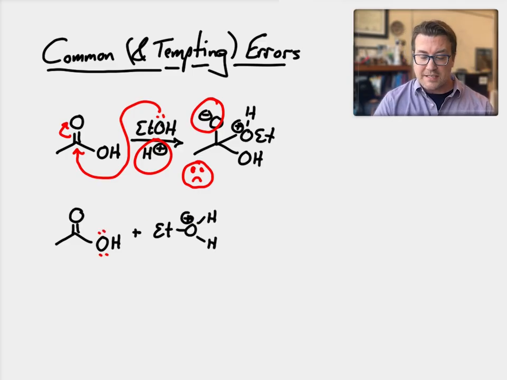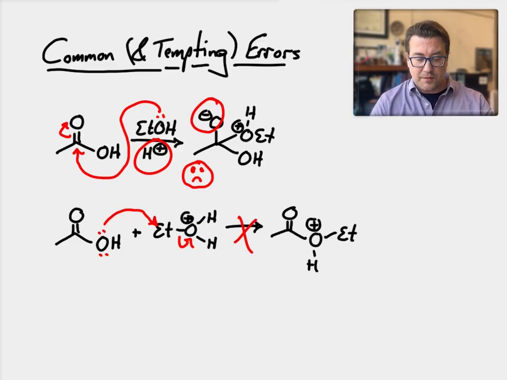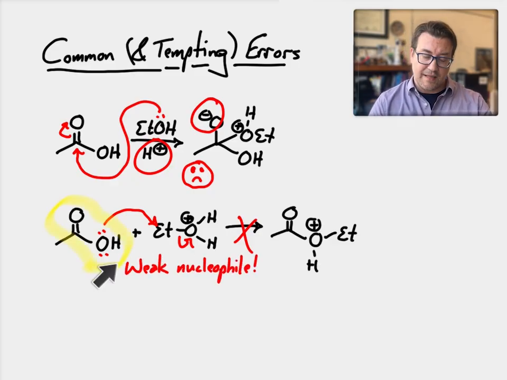Another very common and tempting mechanism is to have protonated ethanol and use your carboxylic acid as the nucleophile to kick off water as a leaving group. The problem is that this is a weak nucleophile. It's a very weak nucleophile, and we can discuss why that's the case at some other time.